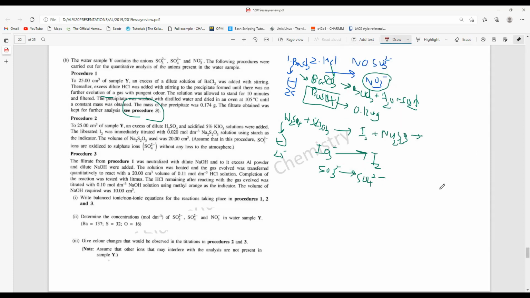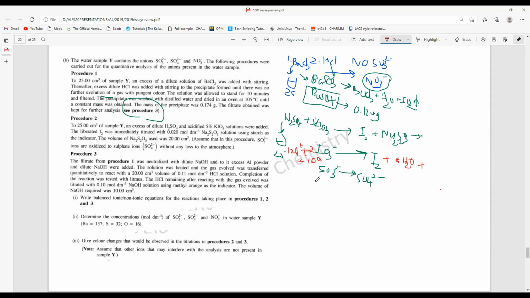Okay, so don't forget, you need to balance this one: 2 iodines and 6 H2O to balance the oxygens, and to balance the hydrogens there will be 12 H plus. Then you need to put the electrons based on the charge. So here there is no charge. Here there is 12 H plus and 2, so 10 something. So I can add 10 electrons here.